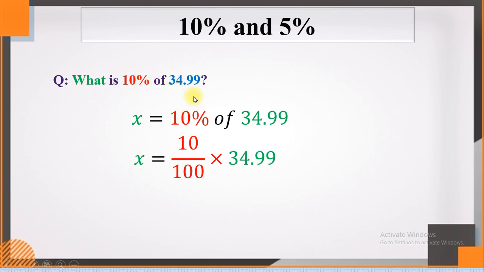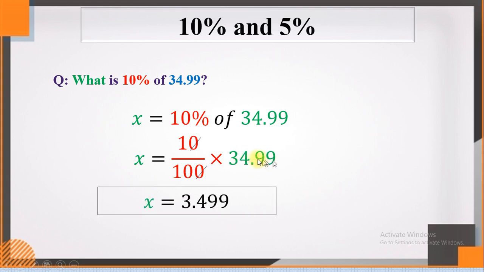So 10% of 34.99 is 10 divided by 100 multiplied by 34.99. Simplifying, 34.99 divided by 10, we will get 3.499. Simply we shift the decimal point toward the left by one digit like this. This is the shortcut method.